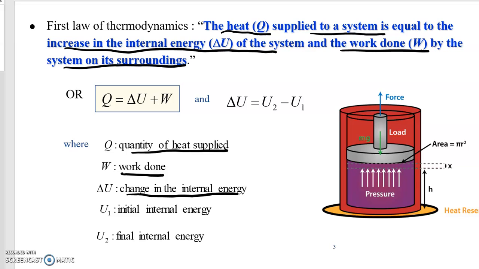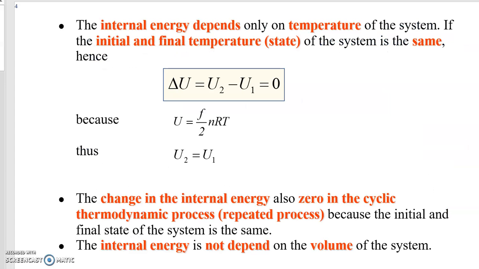Okay, remember that delta U only depends on temperature, where delta U is equal to F over 2 nRT. So the internal energy depends only on the temperature of the system.